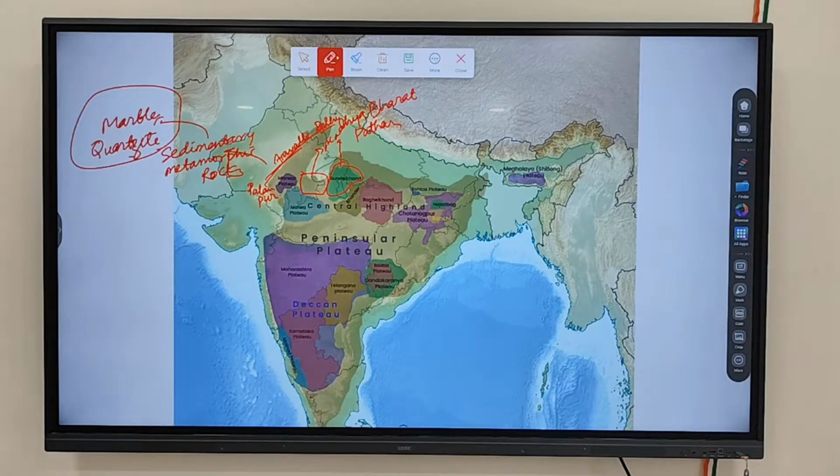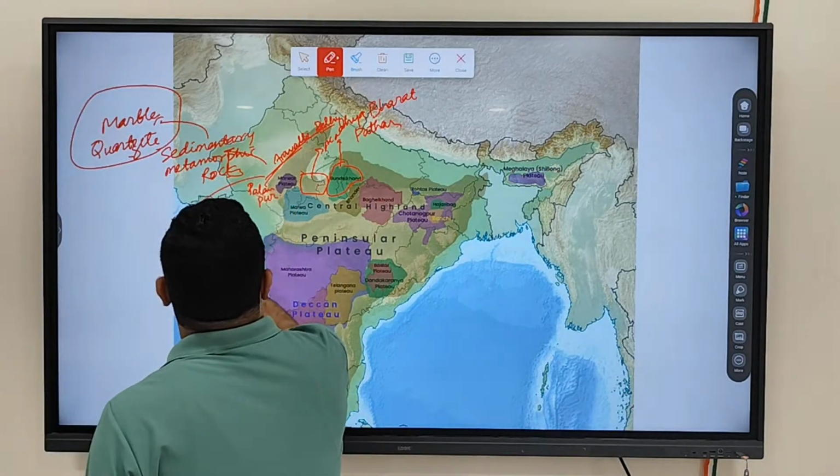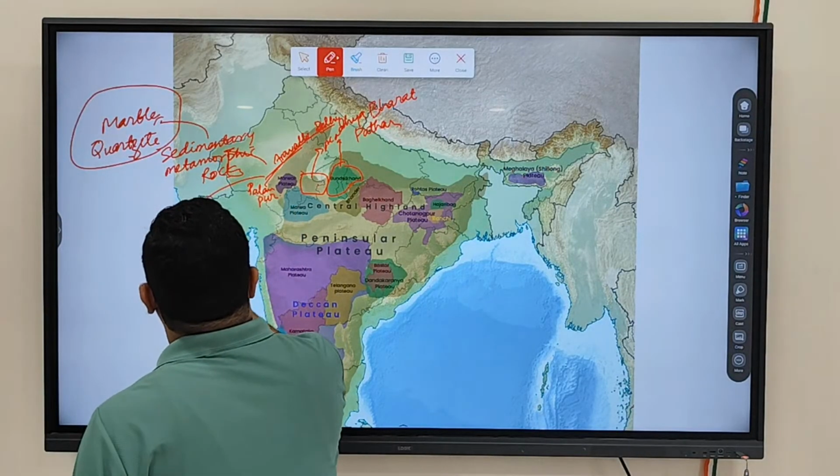It contains sedimentary rocks and metamorphic rocks, rich in marble, quartzite and so on. Clear? Fine. It is a source of 2 important rivers, the Luni River and the Banas River, not Chambal.